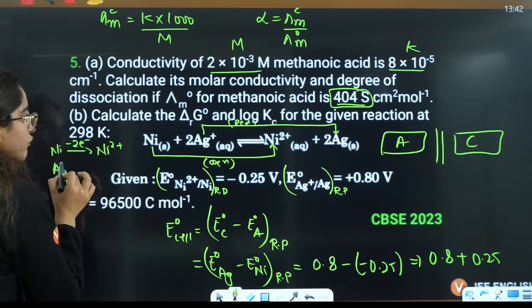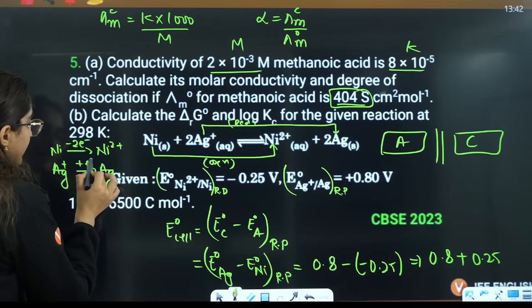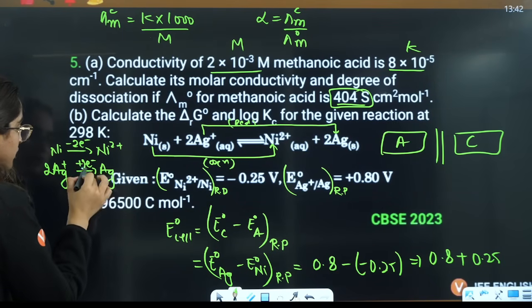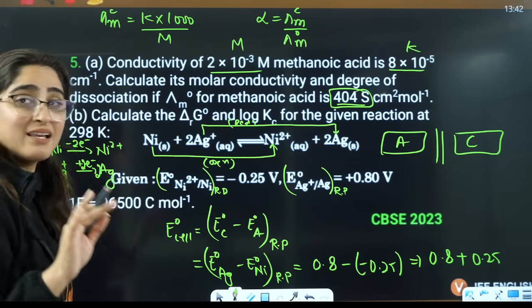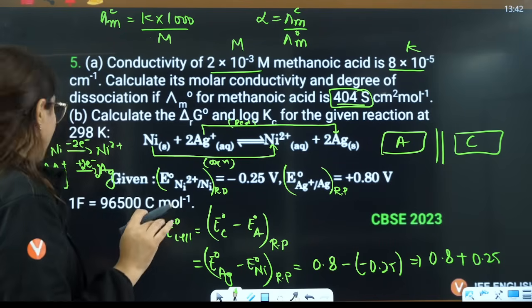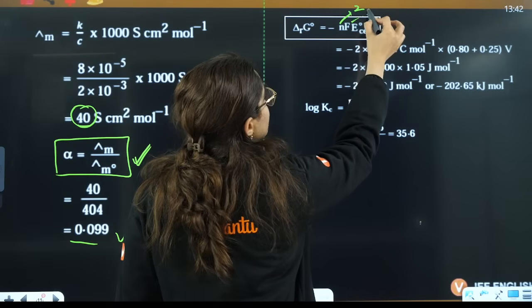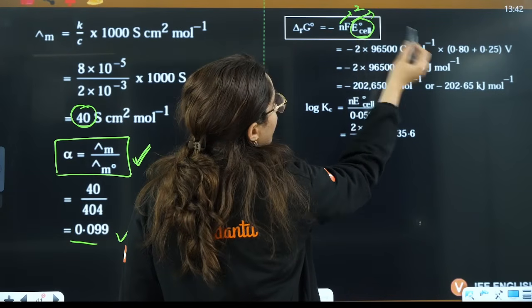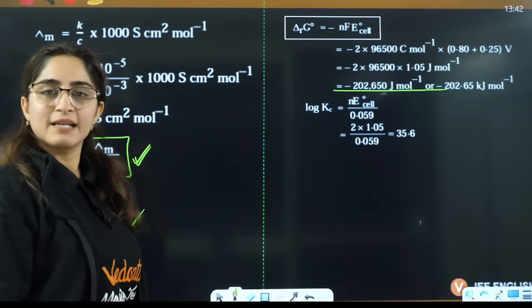Ag is going from Ag positive to Ag. That means 1 electron is gained here. If you multiply this with 2, so 2 electrons will be gained. So I can easily say that n factor is 2 here, right? So n factor is 2. Faraday is 96500 and E naught value you will just put here and you will get your answer here, right?